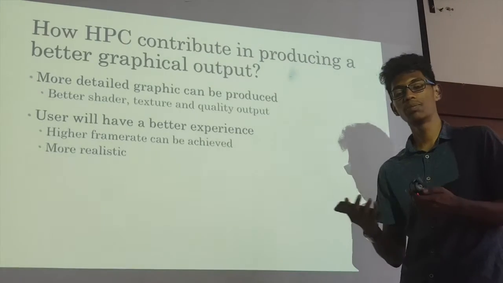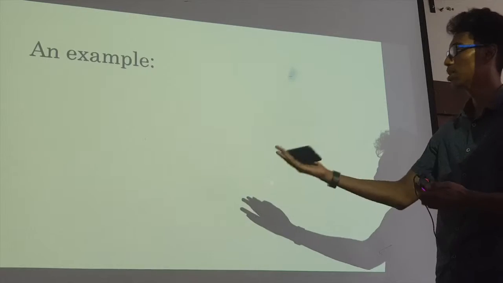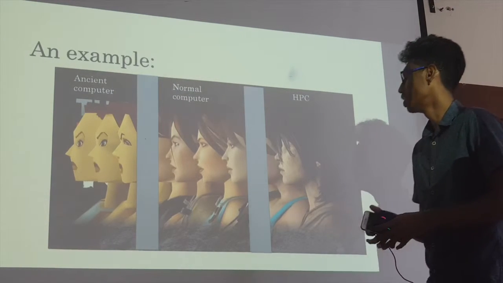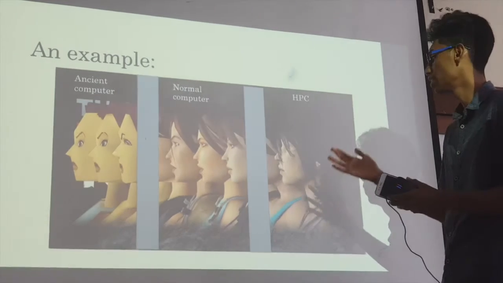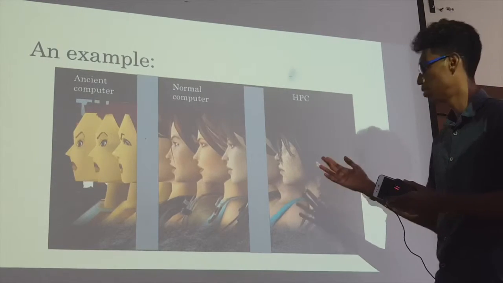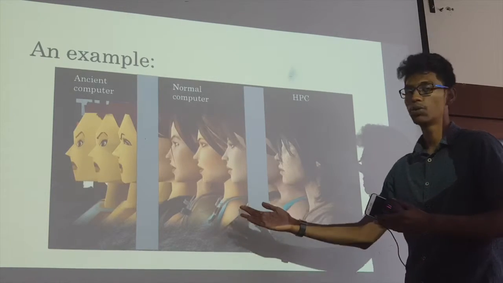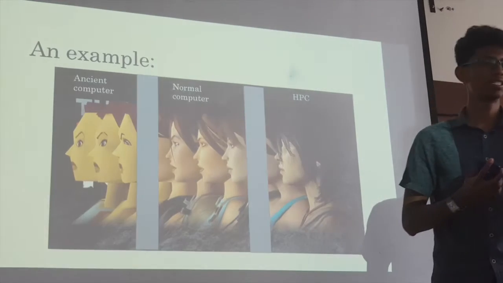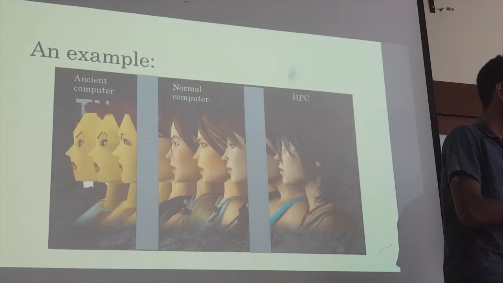So it will produce a more realistic output. So this is an example of the HPC and a normal computer. This is an example of a picture being rendered from HPC, a normal computer and an ancient computer. So I would like to pass my presentation to my friend and my partner, Alamri.